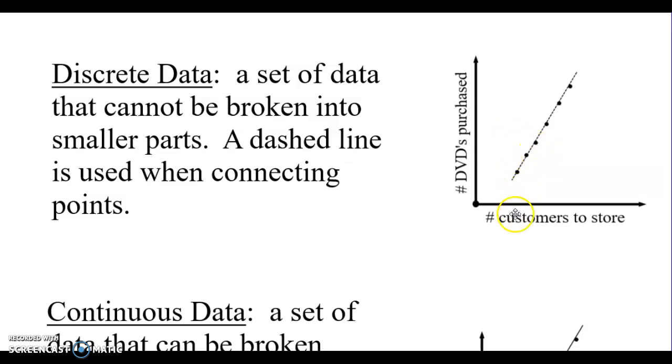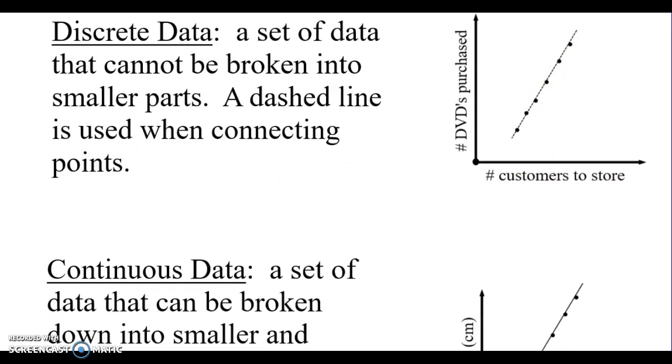There are no decimals allowed. I don't have 1.5 people. They can't purchase 10.3 DVDs. And so because I cannot break down my axes into smaller pieces, into decimals, we say that this is discrete data, and so we would use a dotted line to connect our points if they form a straight line.